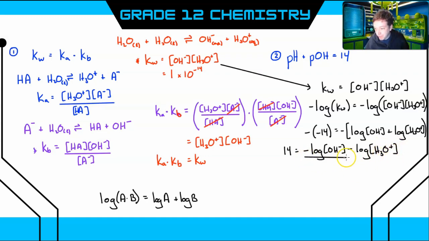Well, this expression is the equation for pOH, and this expression is the equation for pH. So there is where our second equation comes from. I hope that helps you to understand where some of these things come from.